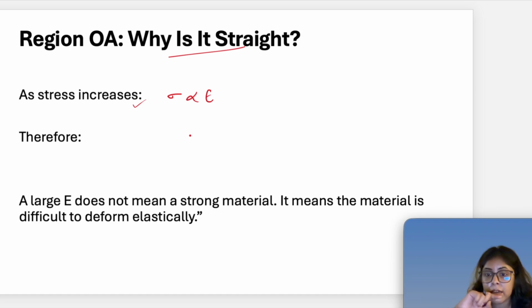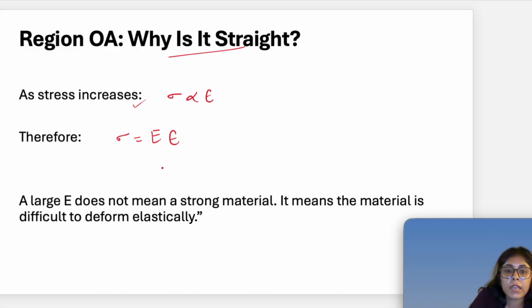It's linearly increasing, so it's directly proportional to strain. Therefore, if we remove the proportionality sign, we get an equal sign, and then we can see sigma equals E epsilon, where E is Young's modulus.